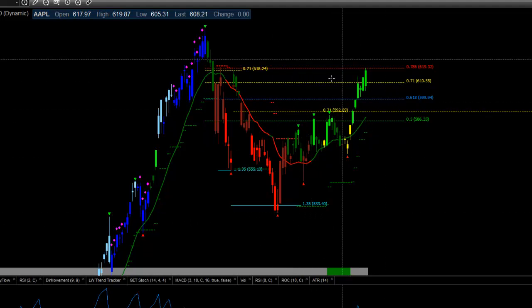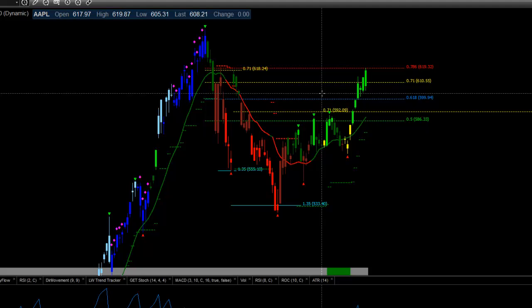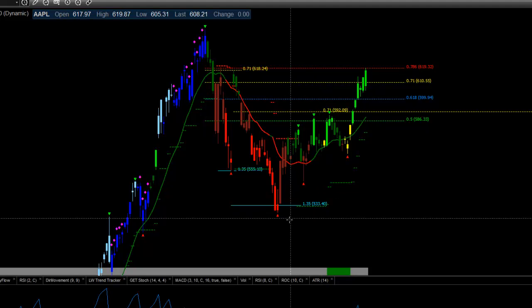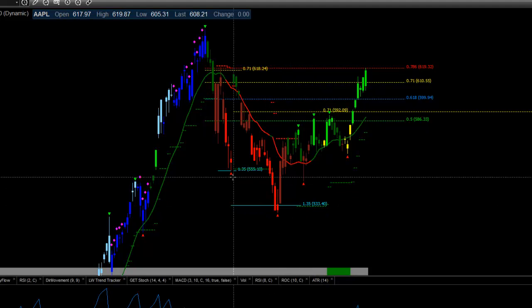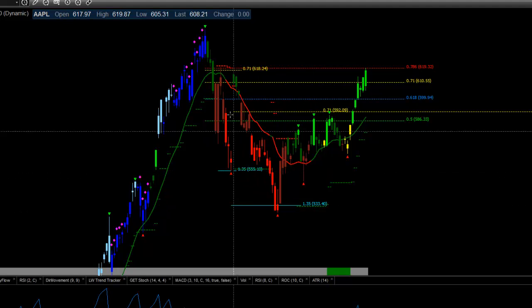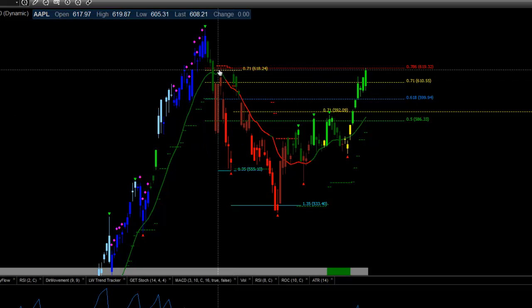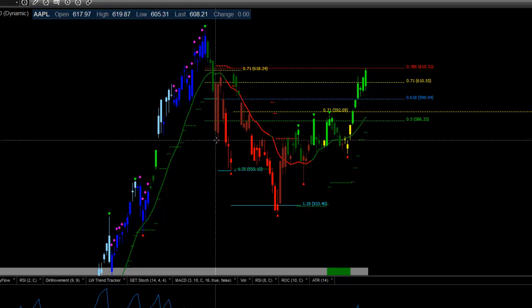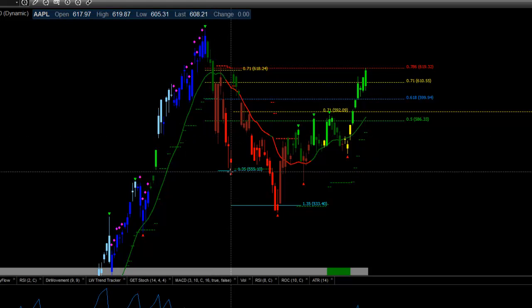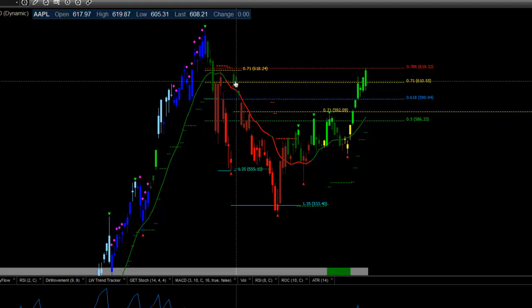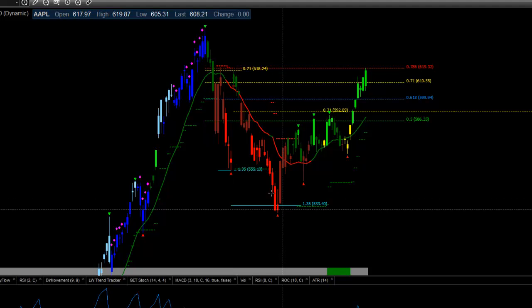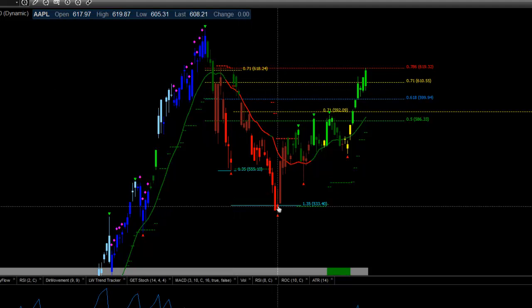And so for those of you who don't follow my blog readings very often, I did this symmetry line at 1.35. This 1.35 is the length of the C wave versus the B to A extension. And so I took that exact number 1.35 and extrapolated it on this bigger C wave.